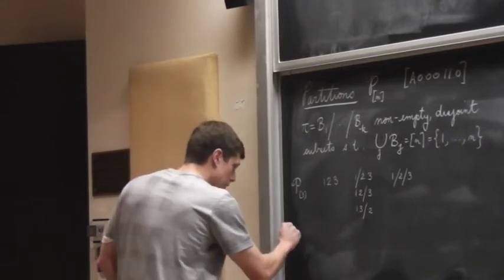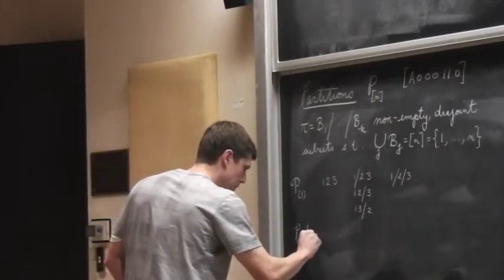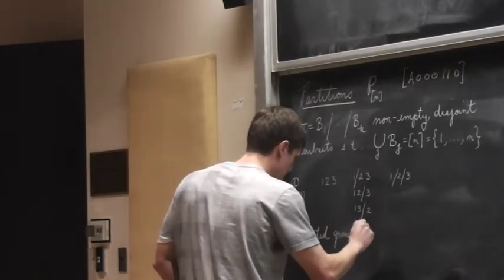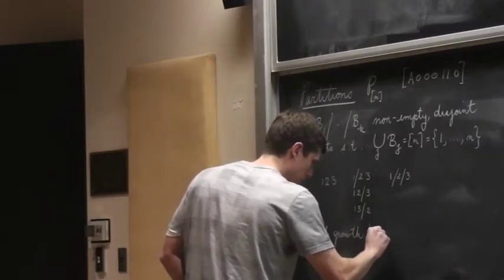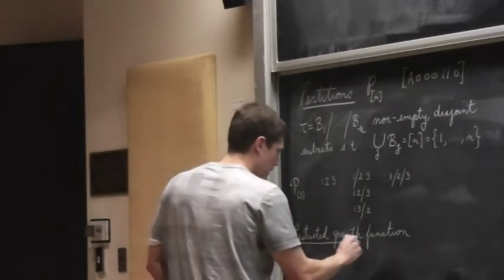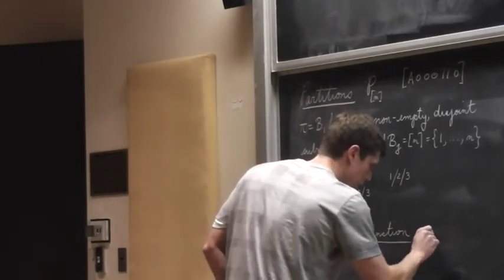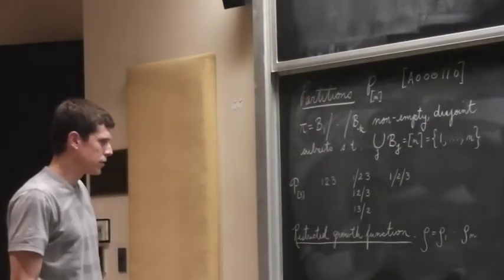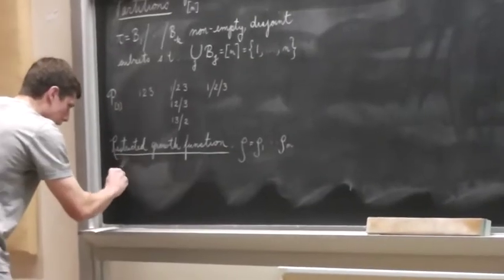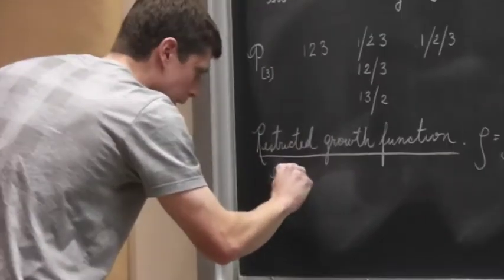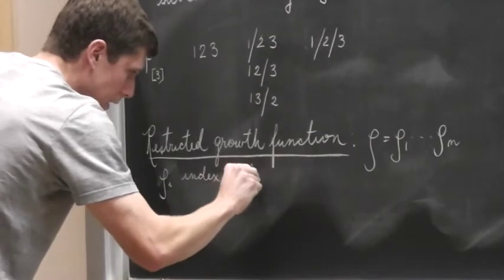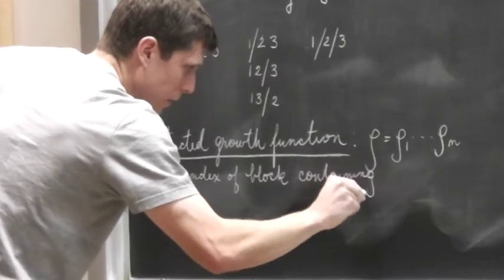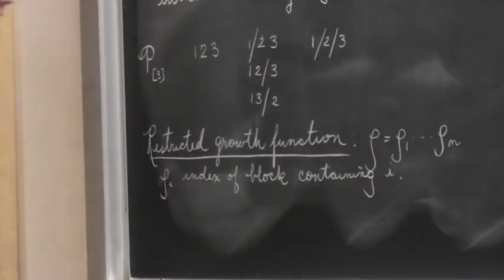Later in the talk, it'll be convenient to represent a partition by its restricted growth function. The restricted growth function is just a string of length n. For a partition of a set of size n, the restricted growth function is a string of length n where rho_i is the index of the block containing element i, when I write the blocks in canonical order, in increasing order.